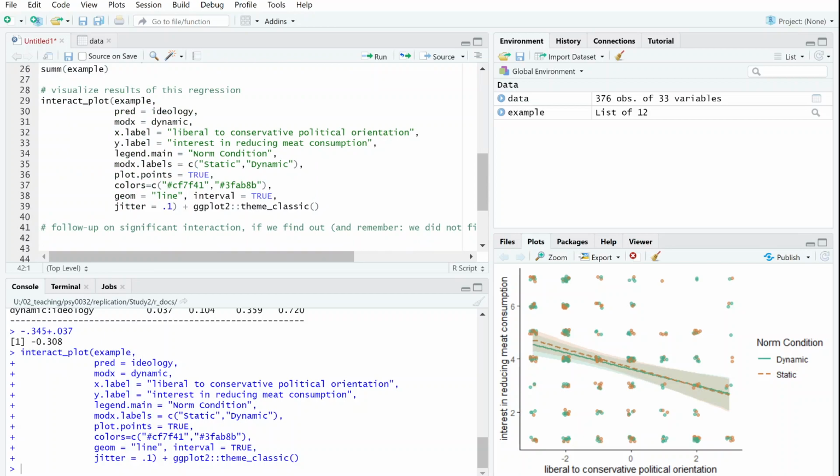All right, well, there are two ways we could follow up to try to understand or appreciate how to interpret an interaction. And it really depends on what your emphasis is.